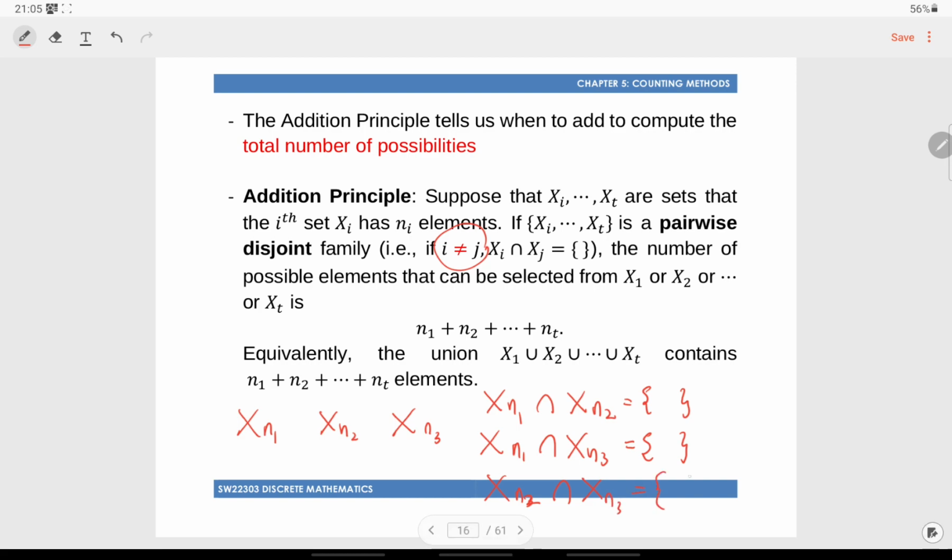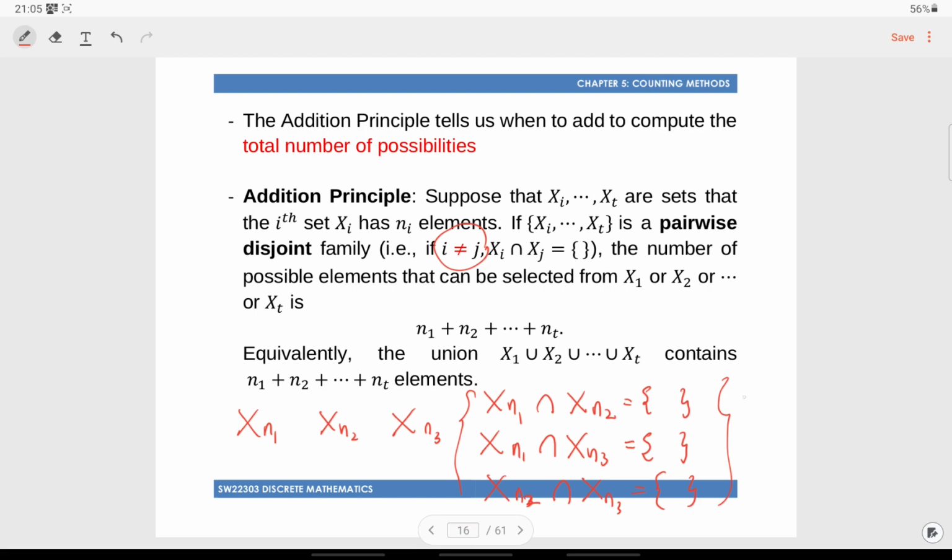Again, there is no intersection because the result is an empty set. So from these three combinations, we can say that X1, X2, and X3 are a pairwise disjoint family.